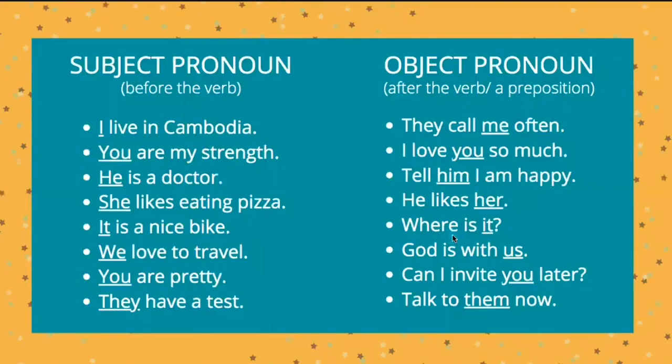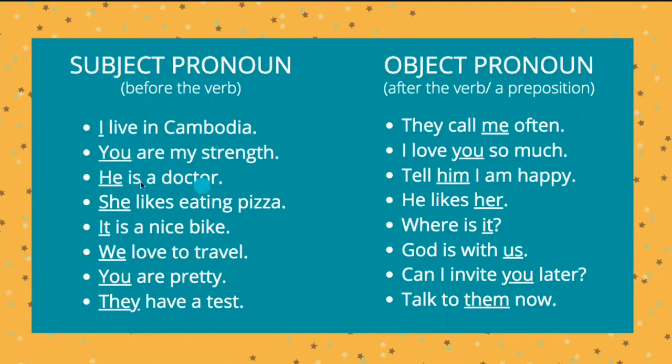Okay, let's have it here. Subject pronoun and object pronoun. When you say subject pronoun, the other tip to find them is that it is before the verb. For example, I live in Cambodia. I is the subject. It's before the verb live. You are my strength. You is a subject pronoun before the verb are.